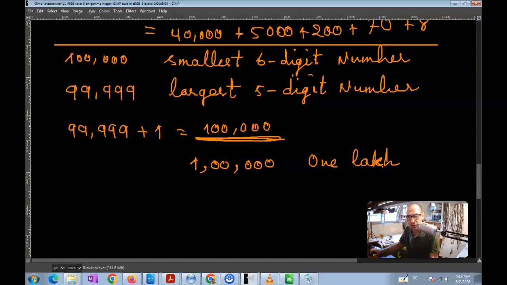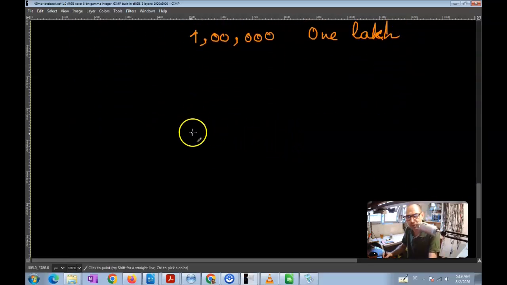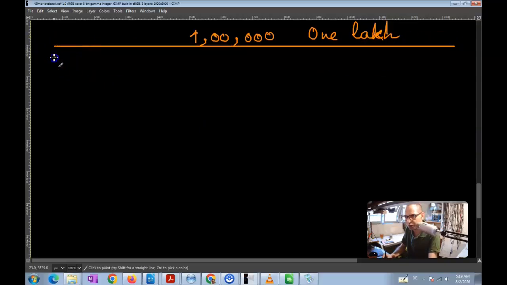Okay. Now, if I have a number like, for example, 246,853, and I want to expand this, of course, this is the 100,000 place value.